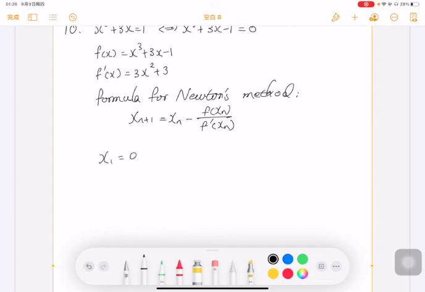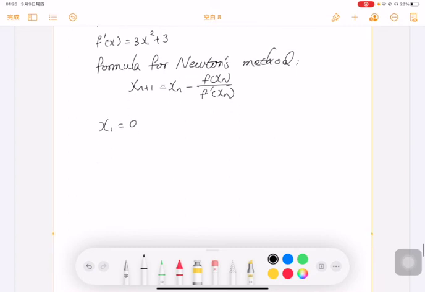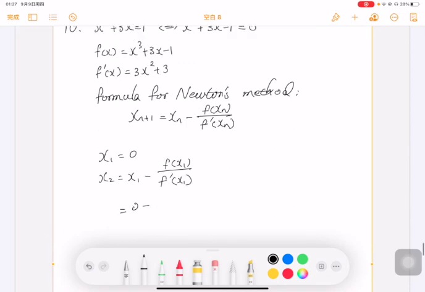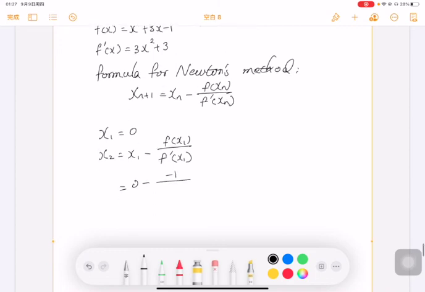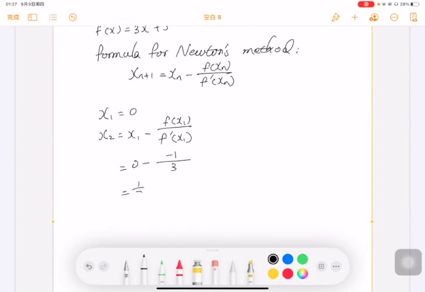That's given in the problem. So we start with the initial guess x1 equals 0, and then we just move on from there. x2 equals x1 minus f of x1 divided by f prime of x1. So we plug in zeros everywhere. We get 0 minus f of 0, which is minus 1, and then f prime at 0 is 3. So that's positive 1 over 3.